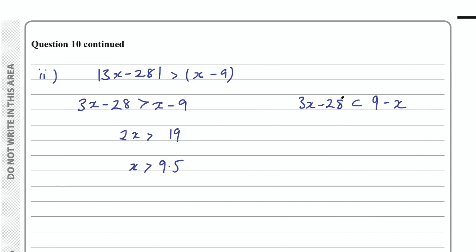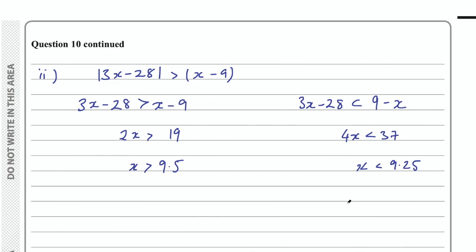Add 28 to the other side, 28 plus 9, that's 37, and 3x plus x is 4x, less than 37. 37 divided by 4, that would be 9 and a quarter. So x is less than 9.25. Okay, so we have the set of values for x. We have x greater than 9.5 or x less than 9.25. That leaves a gap in there in which x could not be equal to.